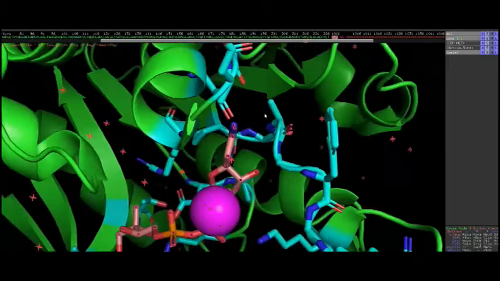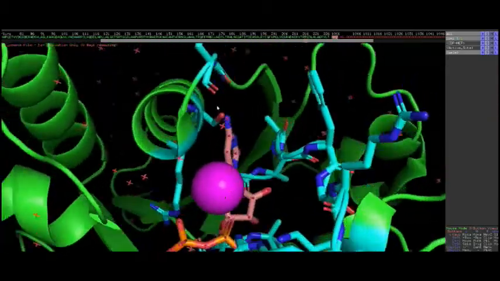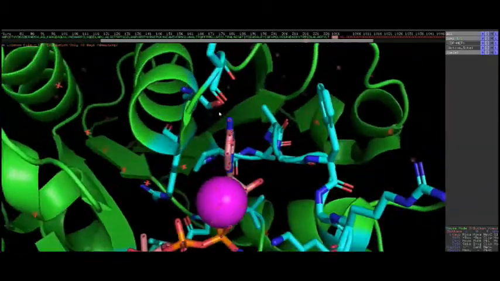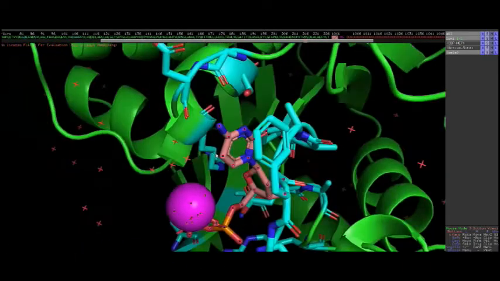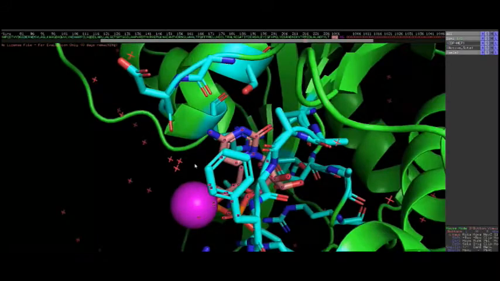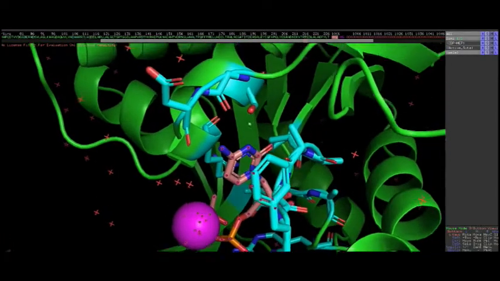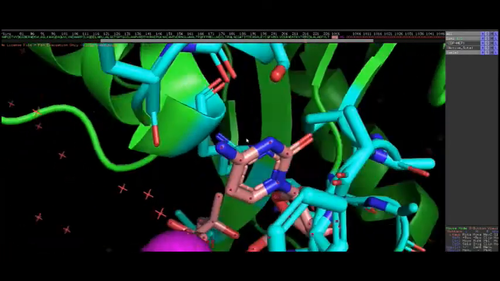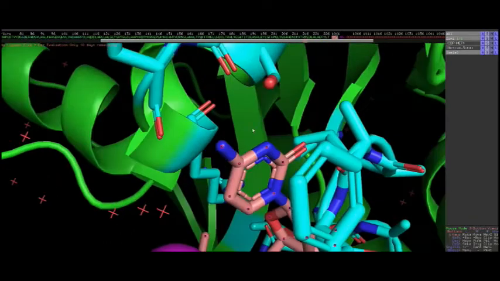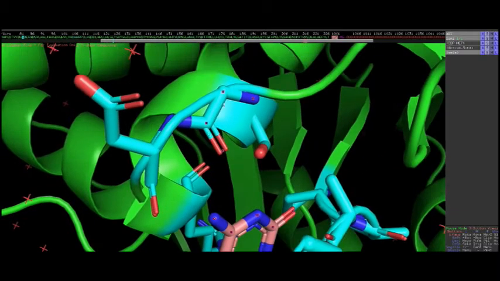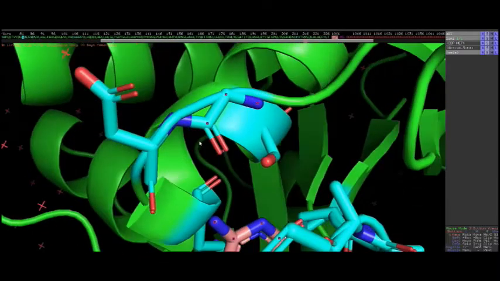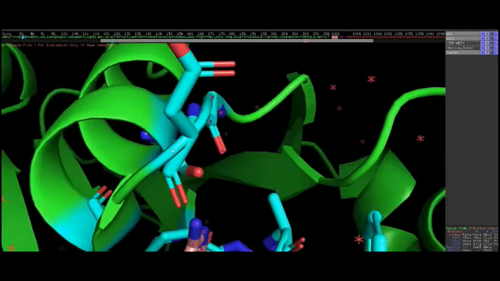We can look over here and it might be too far away, but there might be some pi-pi stacking going on with this phenylalanine here. And so the nitrogens on our cytosine are coordinating with the hydroxyl on this serine here, and possibly on this peptide bond on this aspartate here.